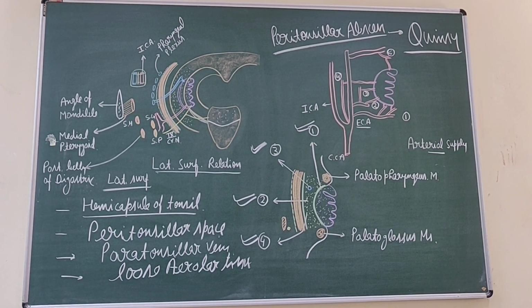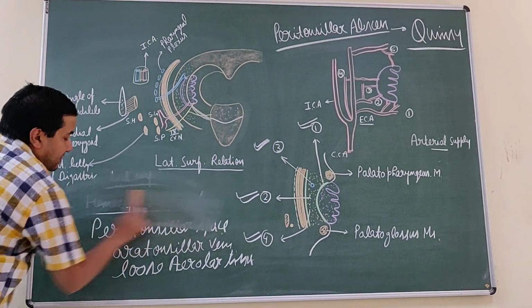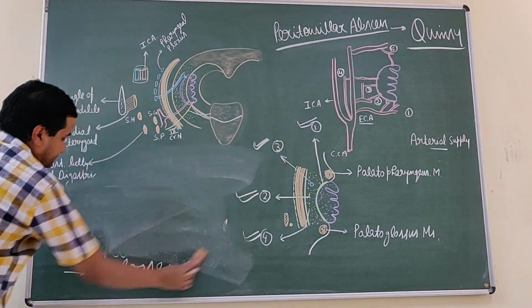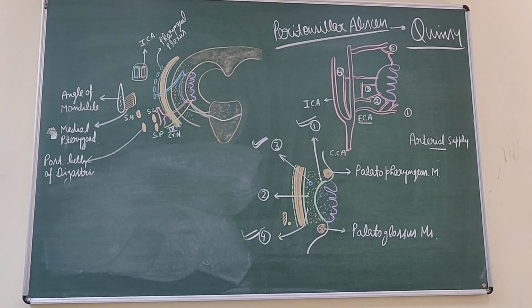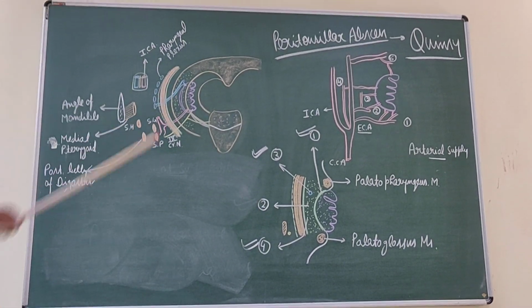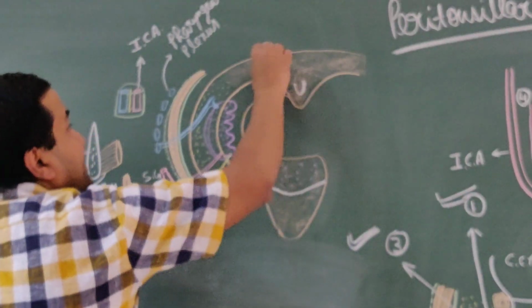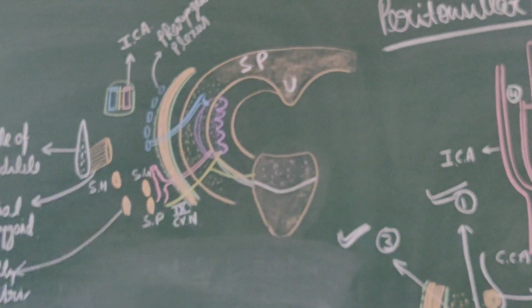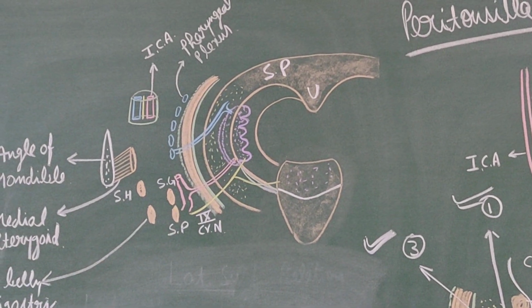Now, this superior constrictor muscle, now in this diagram, this is the uvula and this is the soft palate. These are the arches, the tonsillar fossa, where the tonsil is present.